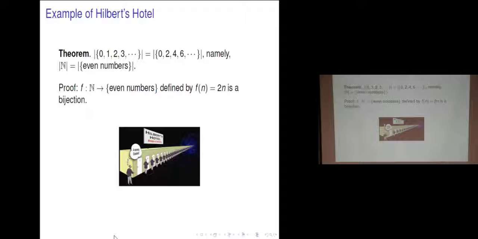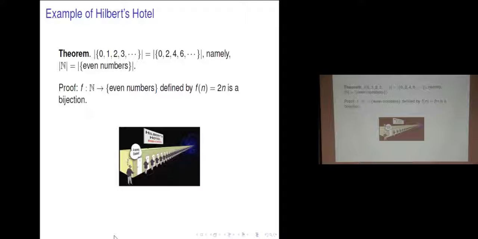So why is it so? Suppose it is full. Now this Hilbert comes. Suppose the rooms are full, and here's one more guest. There's no vacancy, every room was occupied. But the magic about infinity, or about Hilbert's Hotel, is that Hilbert will say, the guest in number 1 move to number 2, the guest in number 2 move to number 3, the guest in number 3 move to number 4.